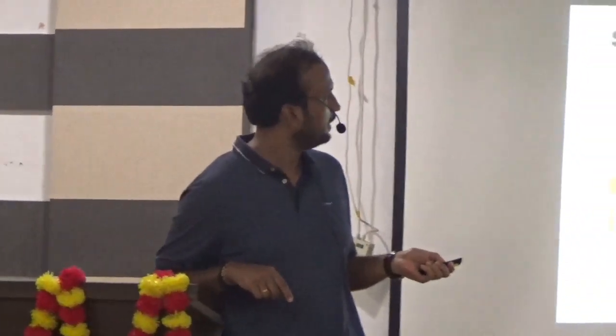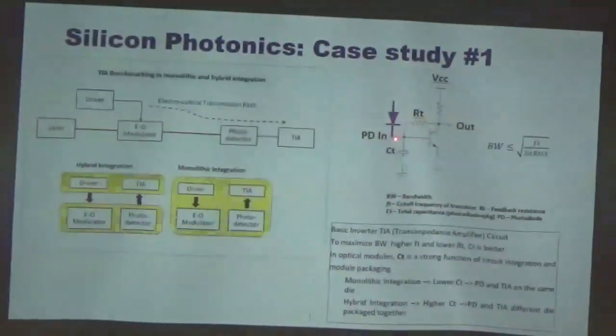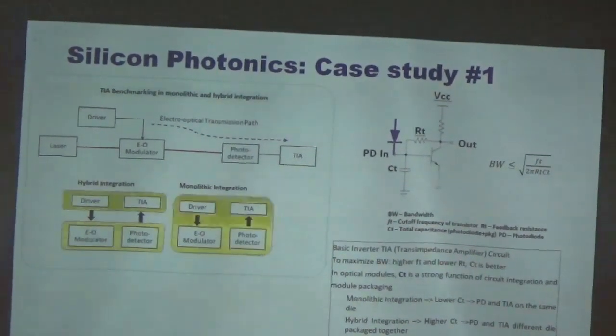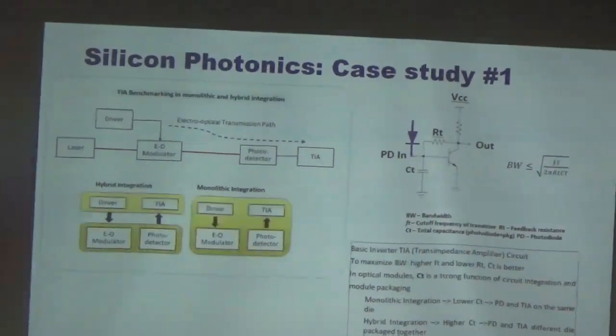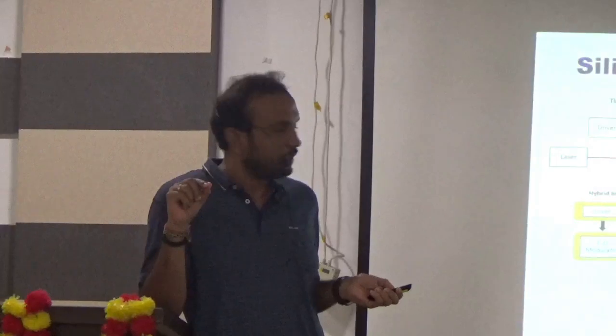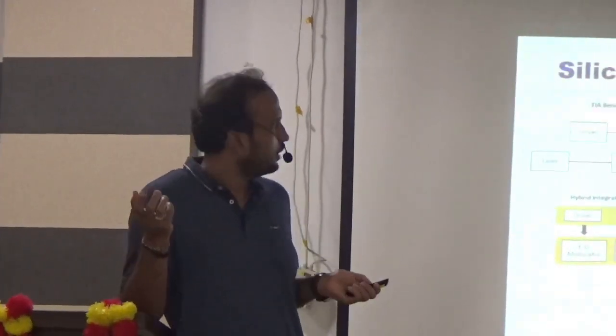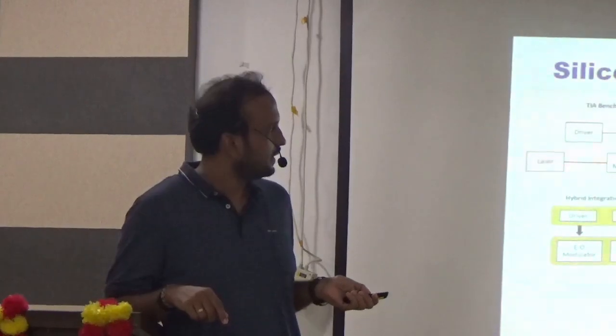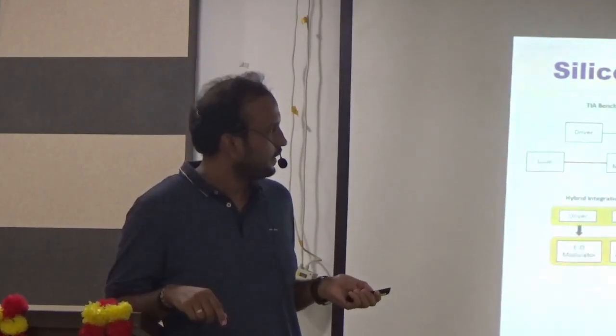So the main limiting parasitic will come at the node where you combine the photodetector with the TIA or the amplifier. That is a very critical node. Whatever parasitic happens at this node, it may be due to transistor layout, or due to the interconnect length, or whatever. There will be some parasitic that I model in terms of CT, and this CT will impact your bandwidth.